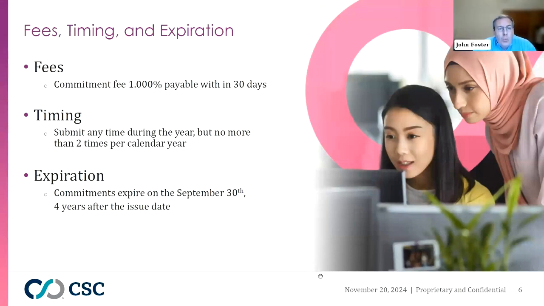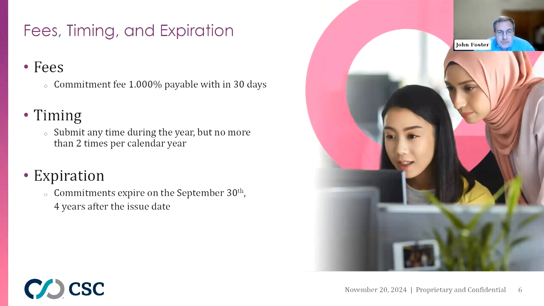Okay. Is there any other expirations that we have to keep in mind? Sorry. When you request a commitment, there's a 1% upfront commitment fee, and it's important that you understand what that means for the SBIC's cash flow.